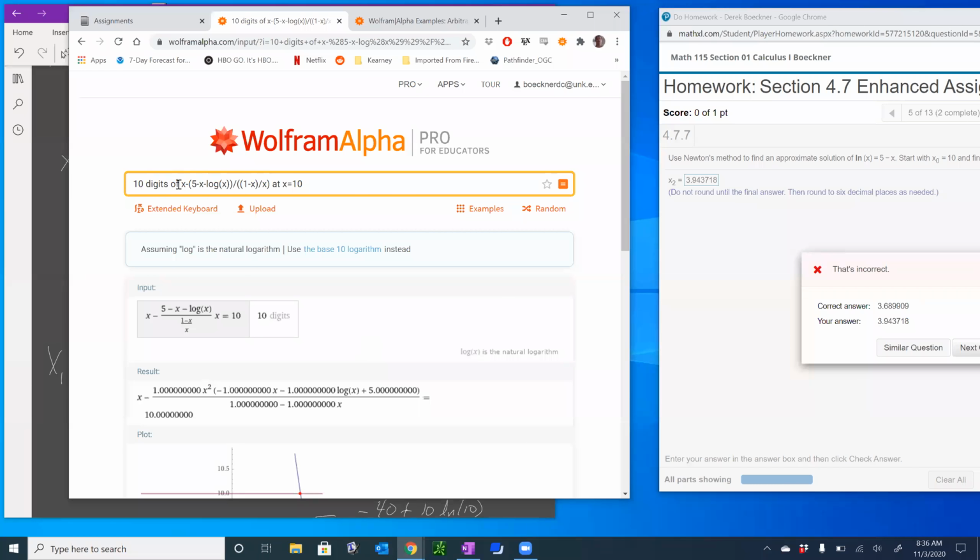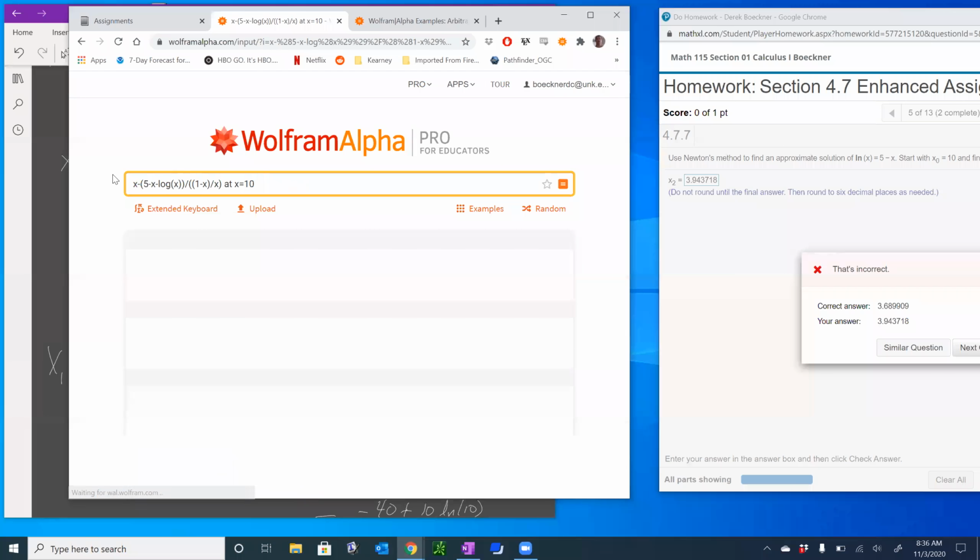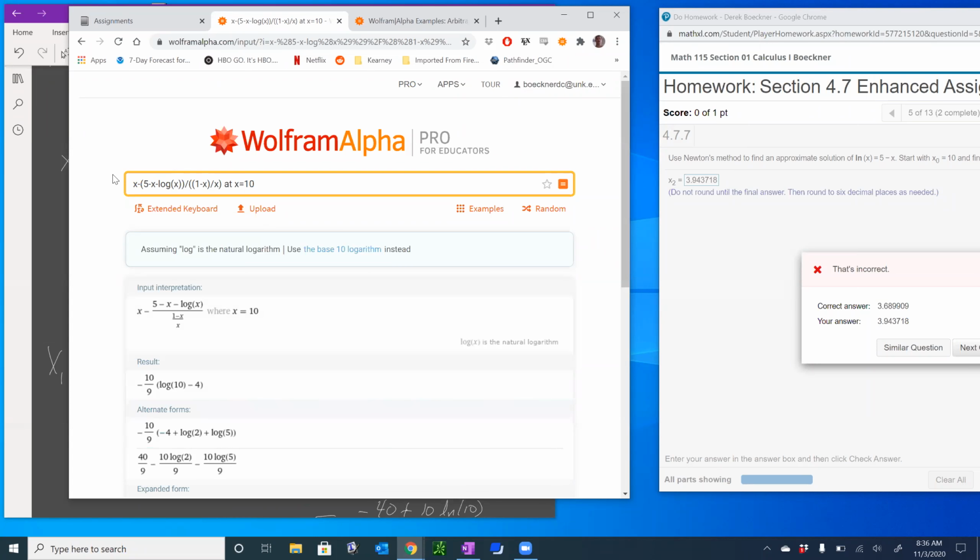Okay, let's not do 10 digits of that. Let's just use that. And maybe I write this as the derivative, so minus 1 over x.